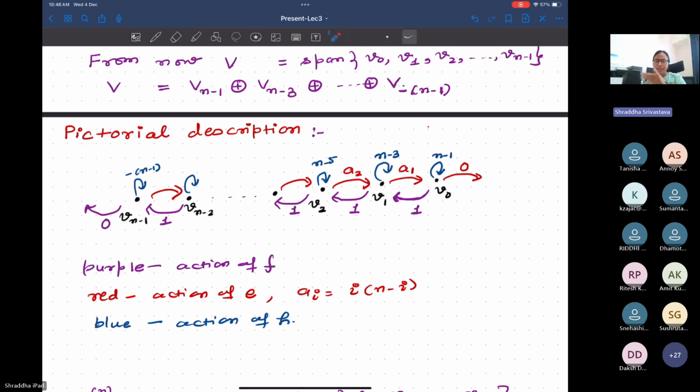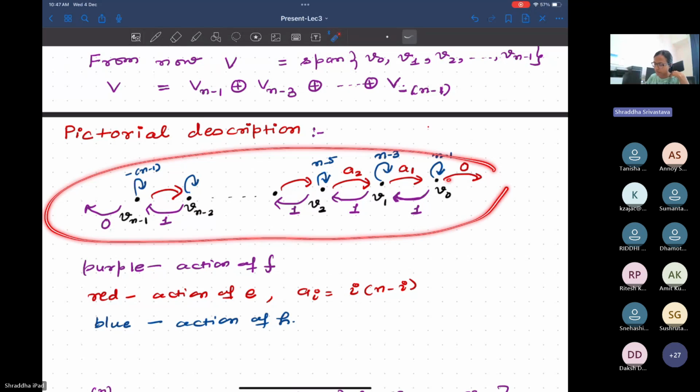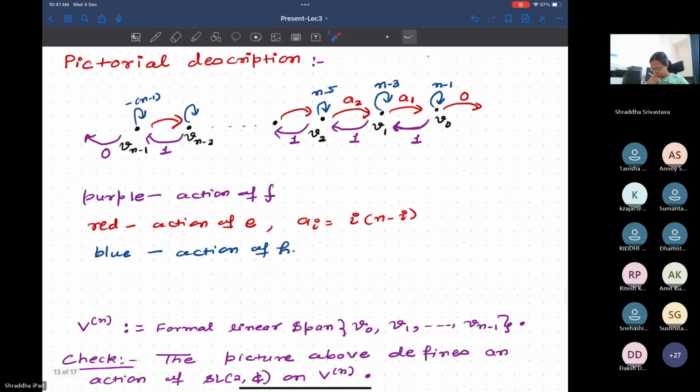One way is kind of abstract. You can start formally with these vectors V0, V1, V2, up to Vn, and make the action of E and F be like this according to the picture. Then I would show that this actually becomes a module for SL2C. That's one way to do it, and it's a calculation that I'm not going to do; you can do it.